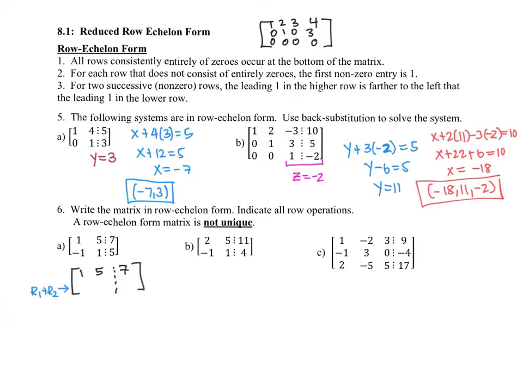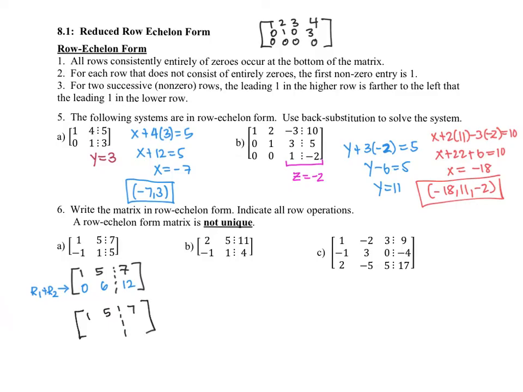So if I go back to the previous matrix, row 1 plus row 2 gives 0, then 6, then 12. So if it's this two variable matrix, you want to get the 0 here first. Now that I have the 0 here, I want to have a 1 here and a 1 here. I already have the 1 here, which is a coincidence. Getting the 1 there is the easiest step.